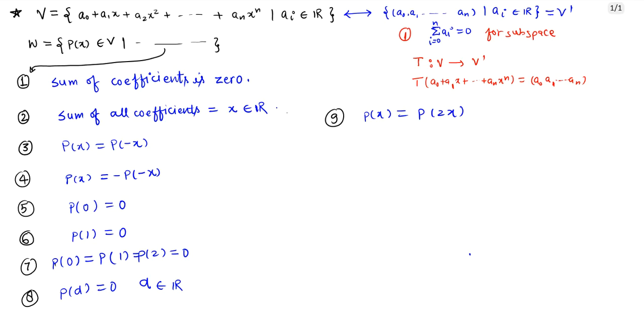Yes, first condition, zero polynomial exists, because if zero polynomial is substituted, it will remain zero, रहेगा ना? तो ये ट्रिवियल होगा क्या? Is this trivial or not? Yes, right. So this is a trivial subspace.